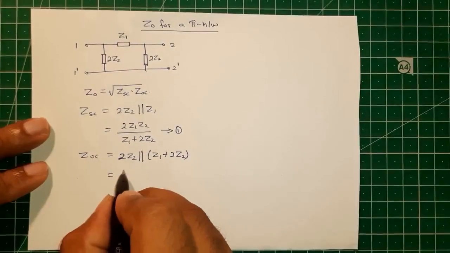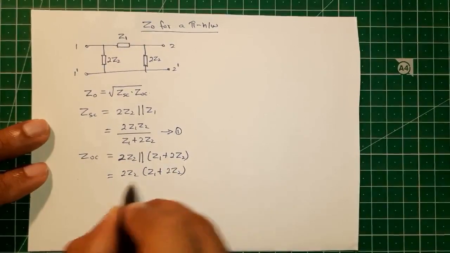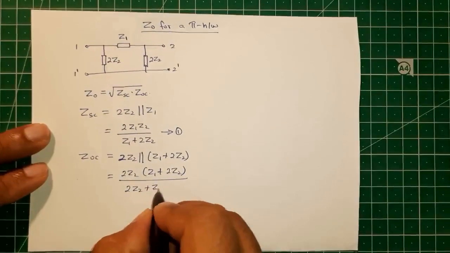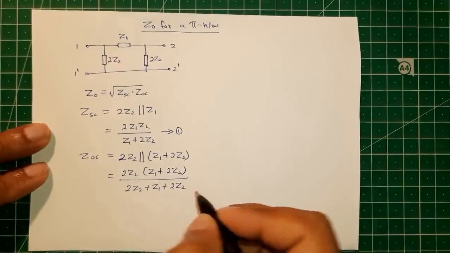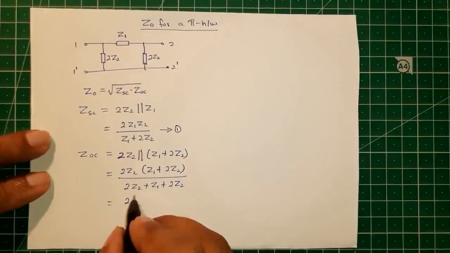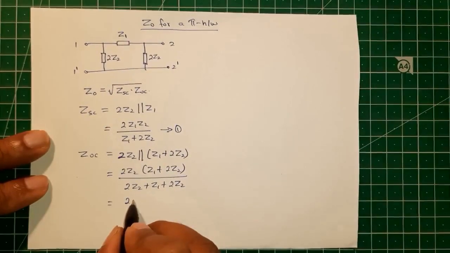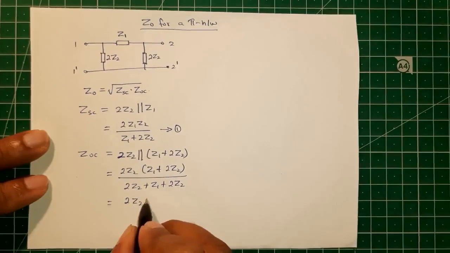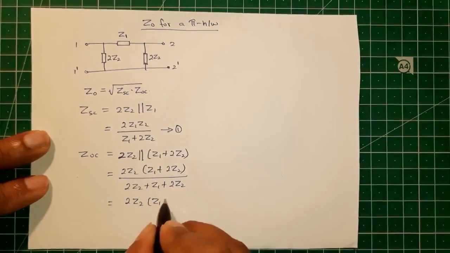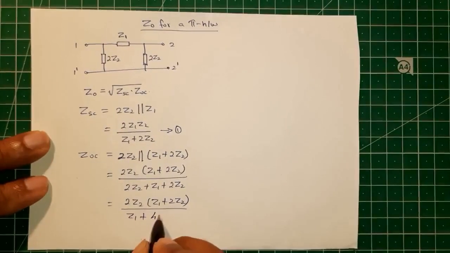So this will evaluate to be 2Z2 into Z1 plus 2Z2 divided by 2Z2 plus Z1 plus 2Z2. Simplifying, you get Z2 into Z1 plus 2Z2 by Z1 plus 4Z2.